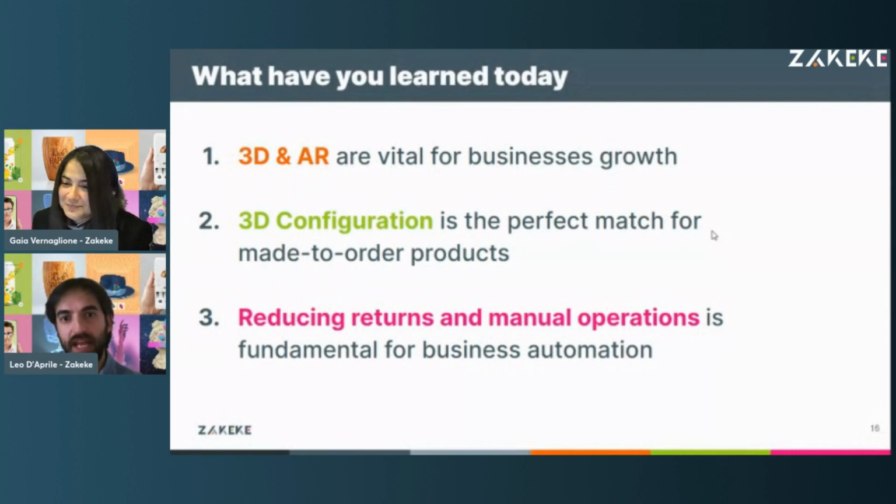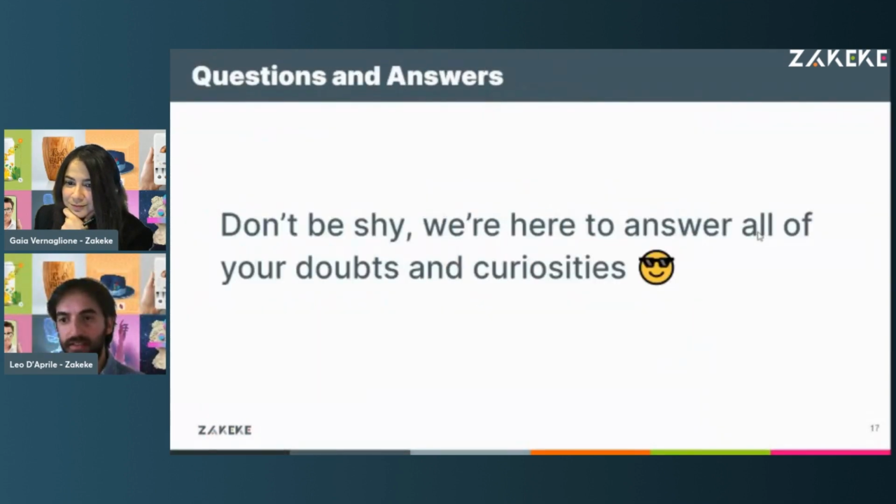By simply going through the settings you showed us today, you can create thousands of combinations for products. But as you said, the most important part is the questions and the answers to our doubts about the configuration and the 3D models. You already answered those.